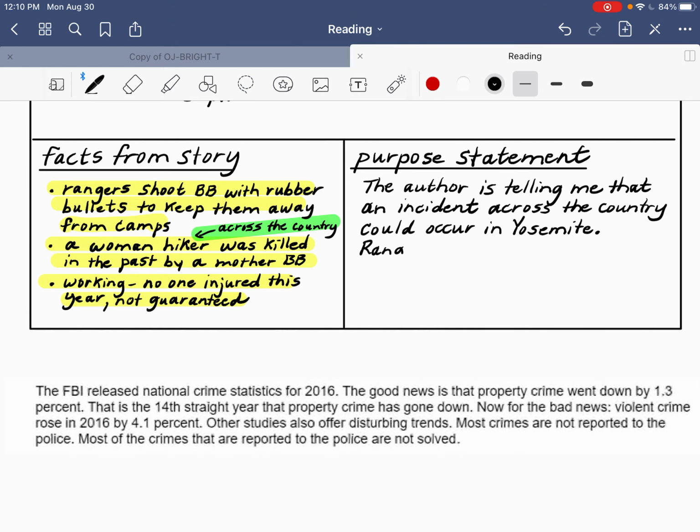Rangers are working to prevent a bad situation with black bears.